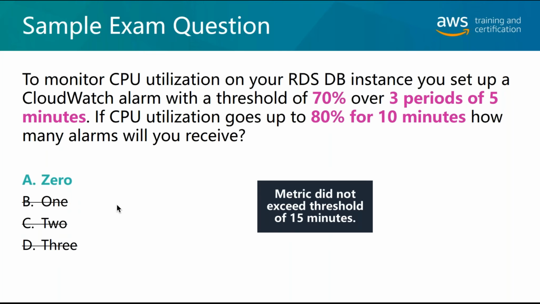Remember that here we have 3 periods of 5 minutes, and that's when you'll get an alarm. But here it only went up to 80% for 10 minutes, so the metric did not exceed the threshold for 15 minutes. So the answer is 0.